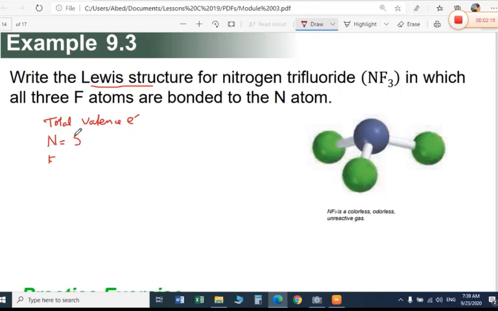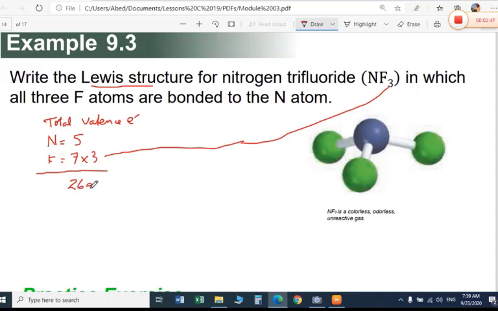And fluorine has 7 electrons in the valence shell. But there are 3 fluorines, so we multiply by 3. That's why we multiply it by 3. So the total will be how much? 26 electrons. So this is the first rule, total of valence electrons.